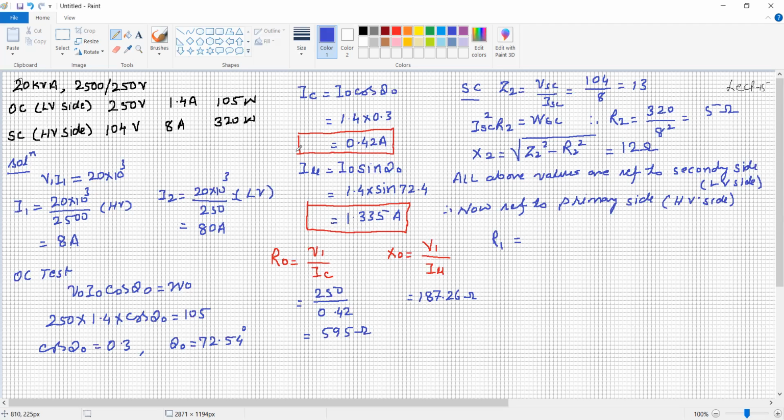OC is conducted on LV side. So R0, X0 are referred to LV side. And the parameters we are going to find, all above values are referred to HV side.